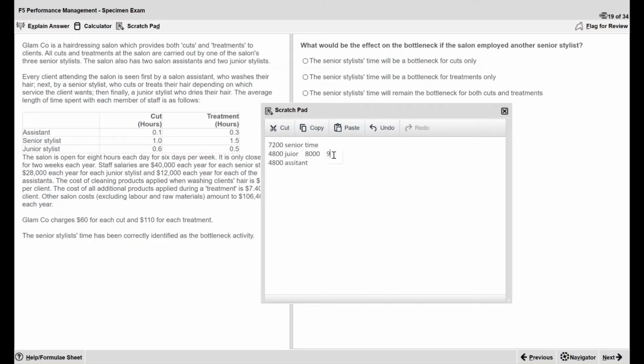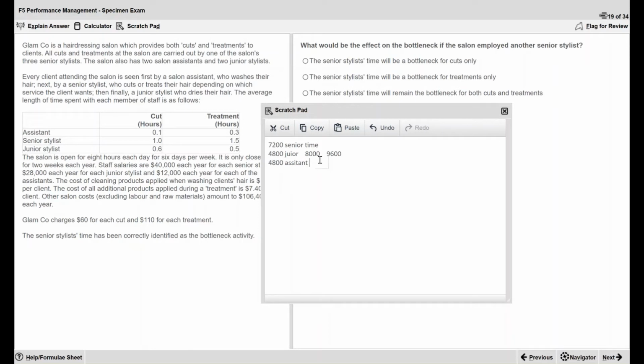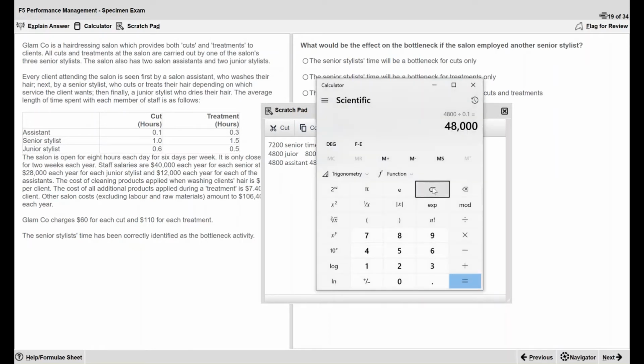So 9,600 and 8,000. What about assistant? 4,800 hours divided by 0.10, 48,000. And 4,800 divided by 0.30, which will become 16,000.